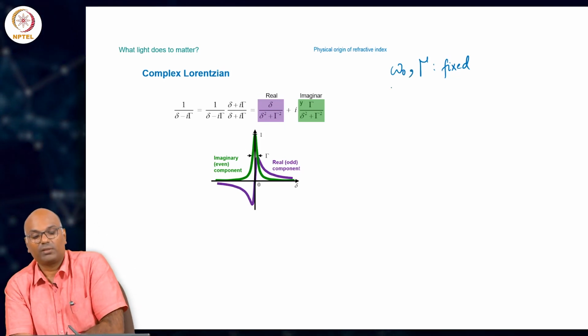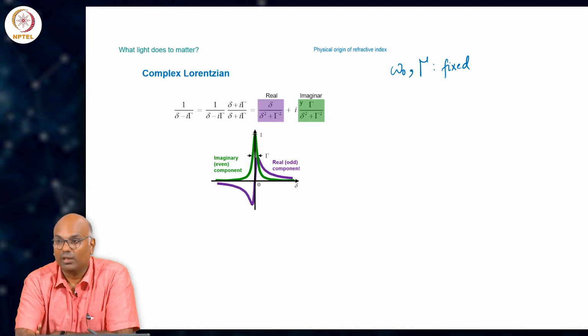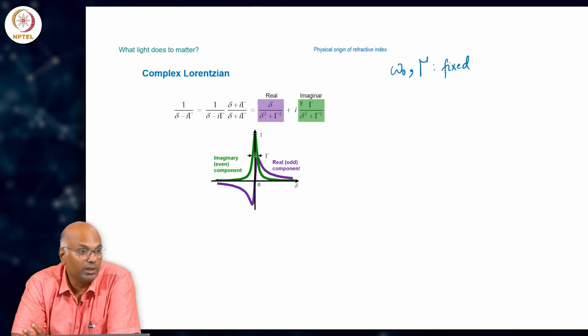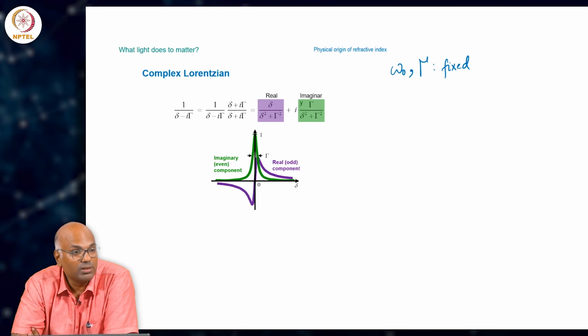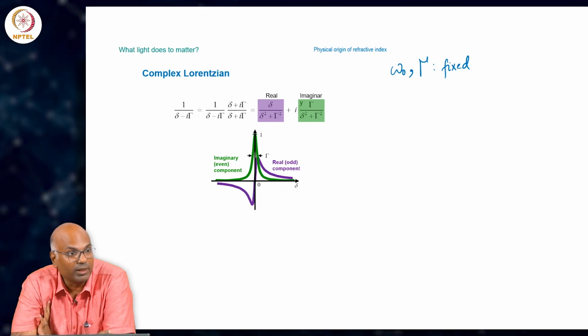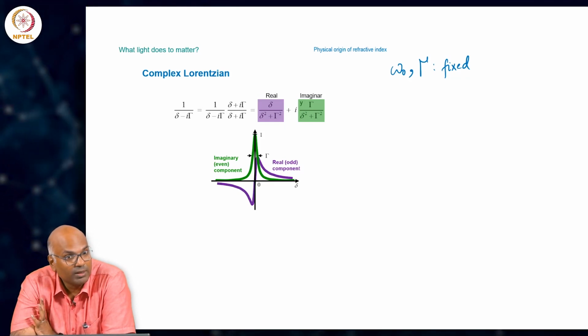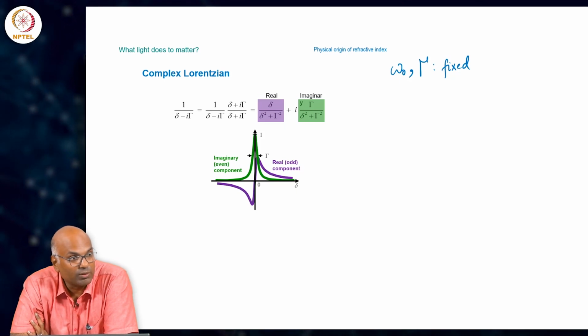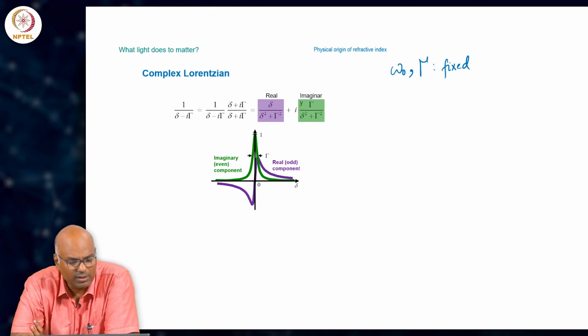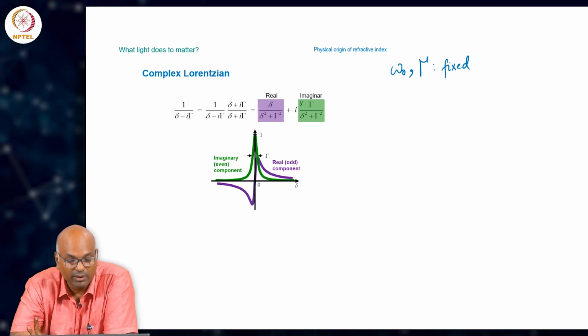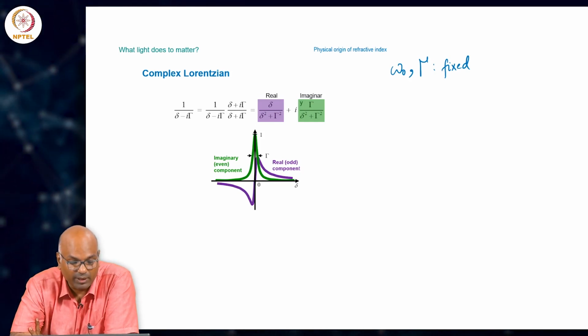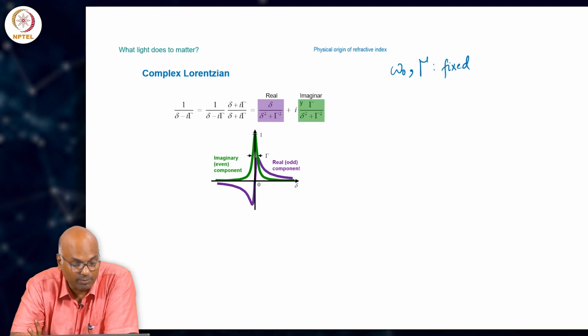Both are fixed for a given physical scenario, although there could be multiple omega naughts and multiple gammas in a system, just as we had multiple spectral lines for the same atomic gas. We will encounter this again, but I am just making the point that they are fixed, but they need not be just one pair of numbers.